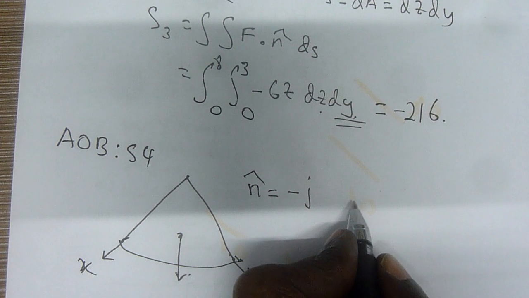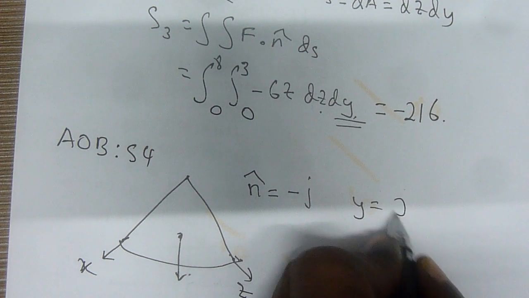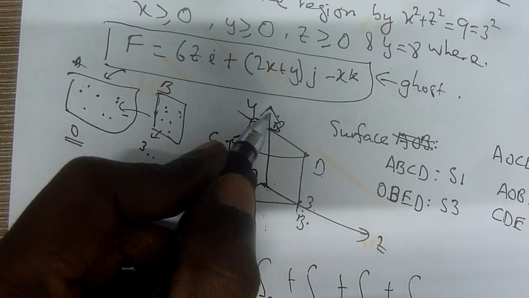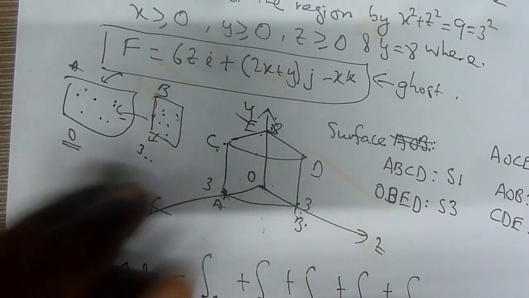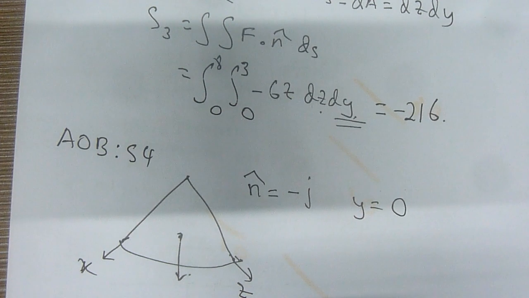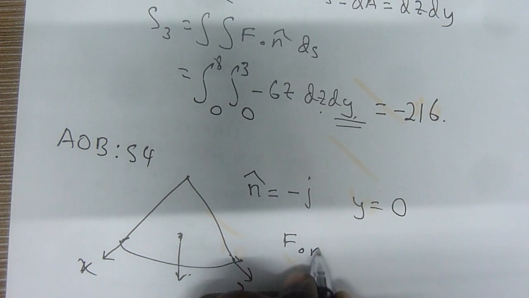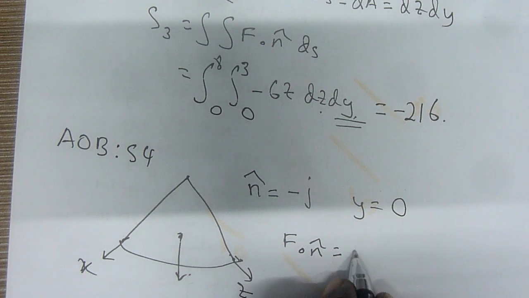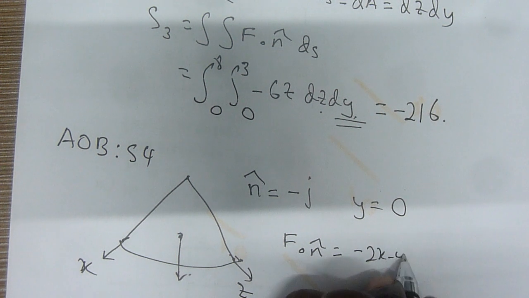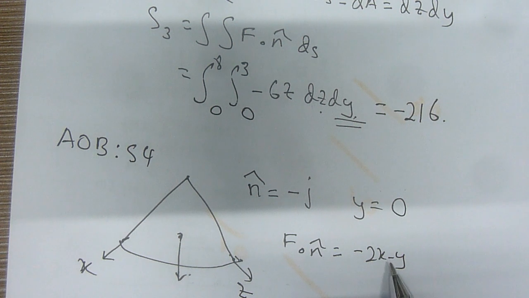What about y? y at this point is 0. Here y is 0, right? Very obvious information. The combination of F dot n, you get negative 2x plus y. By now you should be able to see this.